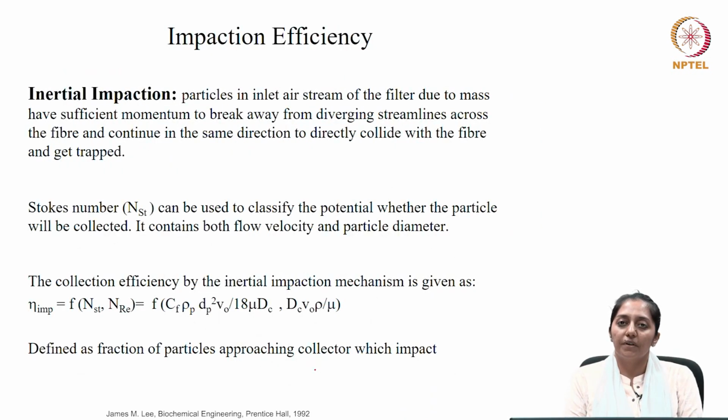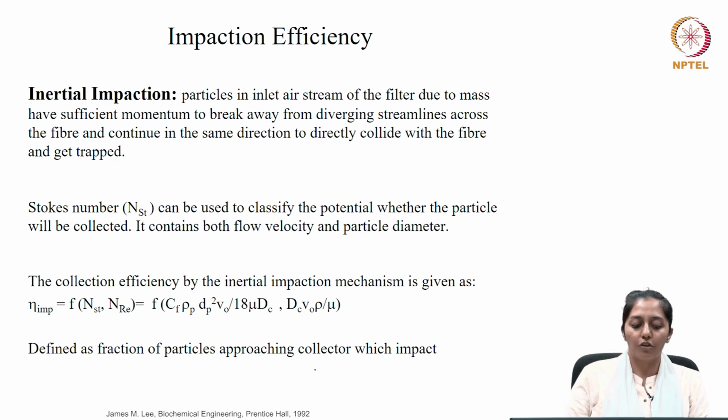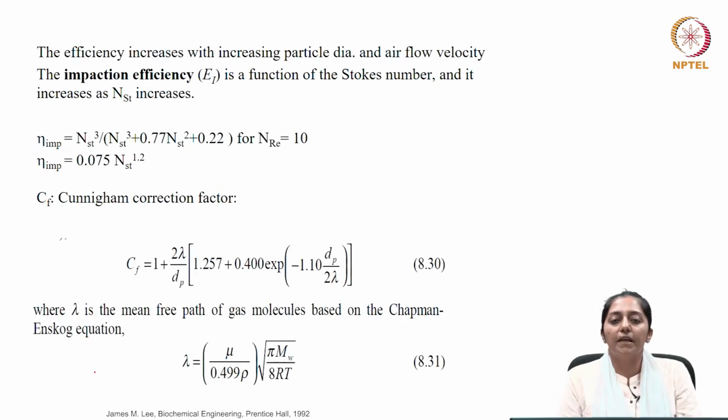Now, Stokes number is generally used to classify the potential whether the particle will be collected by inertial impaction or not. This would be dependent on the flow velocity and the particle diameter. So, the collection efficiency by the inertial impaction mechanism is given as a function of the Stokes number and Reynolds number. Efficiency would increase with increasing particle diameter and airflow velocity.